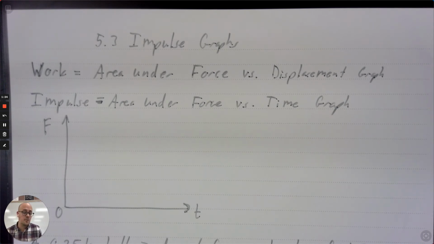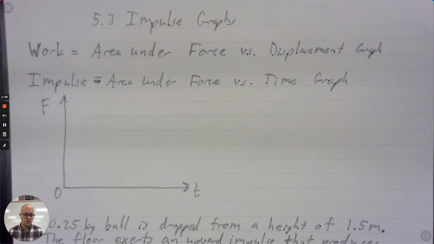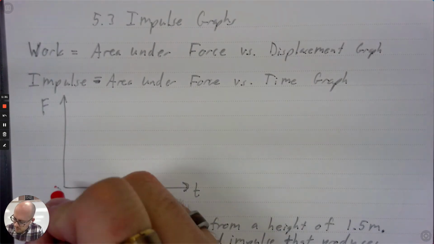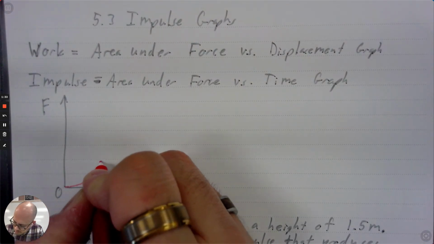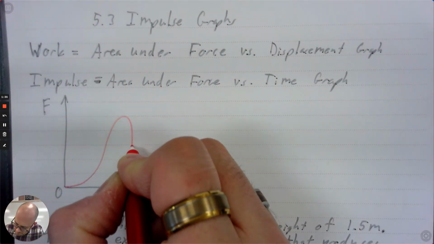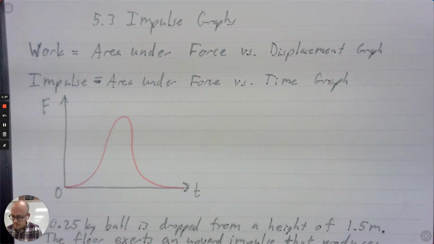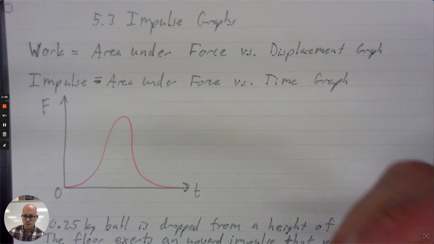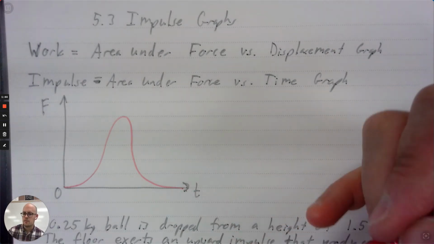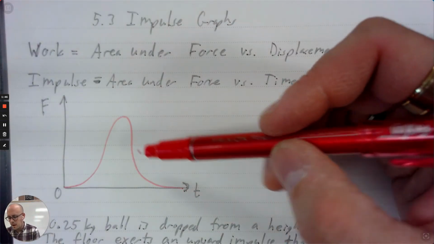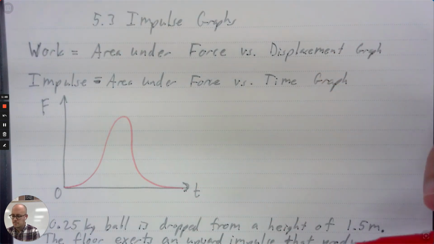Any sort of collision usually doesn't last a ton of time, and so the graphs tend to look like a bell curve, basically. They're usually pretty symmetrical. In the real world they're not, but in our universe they're going to be very symmetrical.